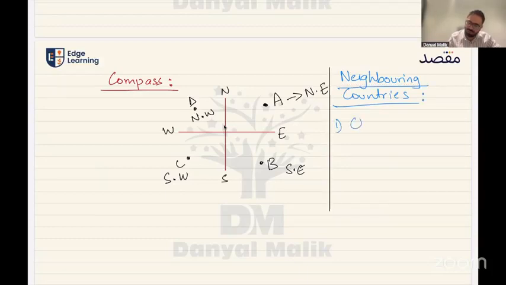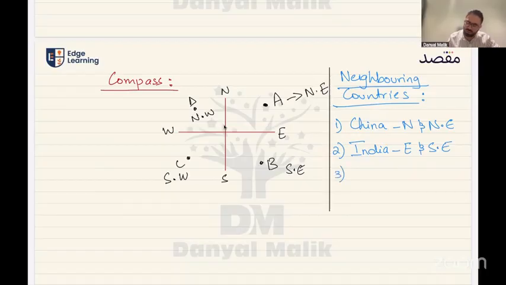First of all, we have China. China is in the north and northeast of Pakistan. Then number two we have India. India is east and southeast of Pakistan.